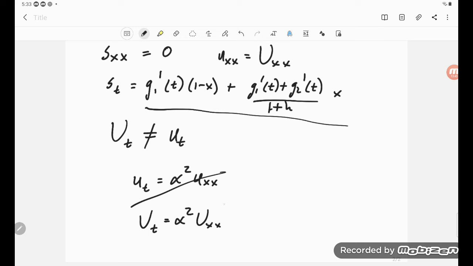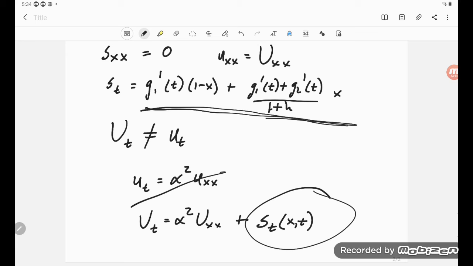But see, now we end up here with our, I gotta think about whether this is a plus or a minus. I guess this is a plus. And so plus S sub t of x and t. Okay, so the problem is now this is non-homogeneous.